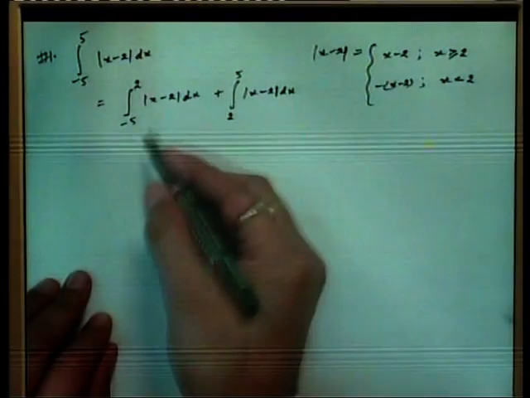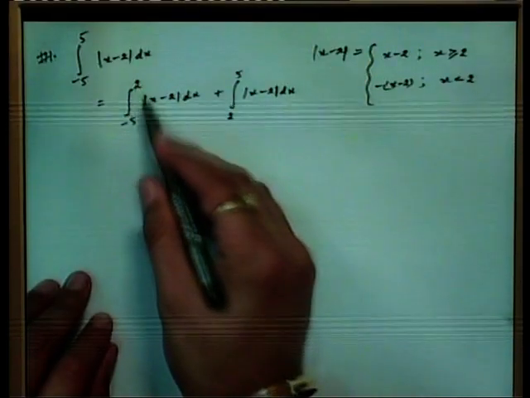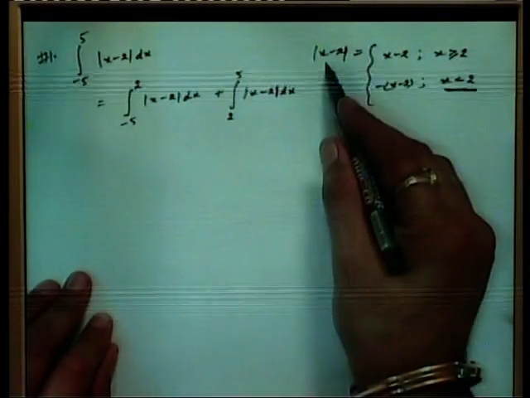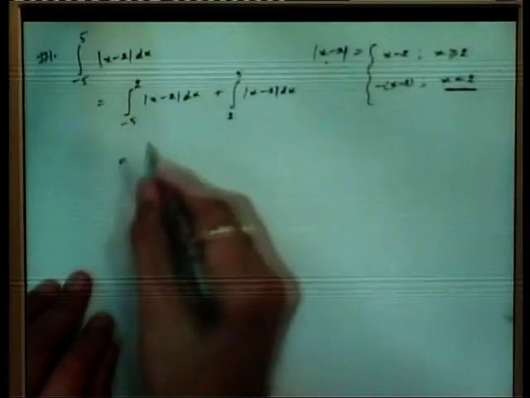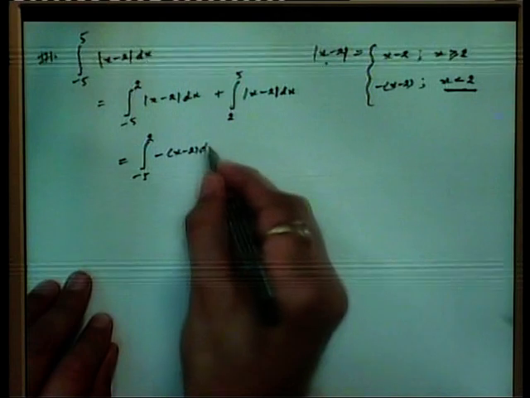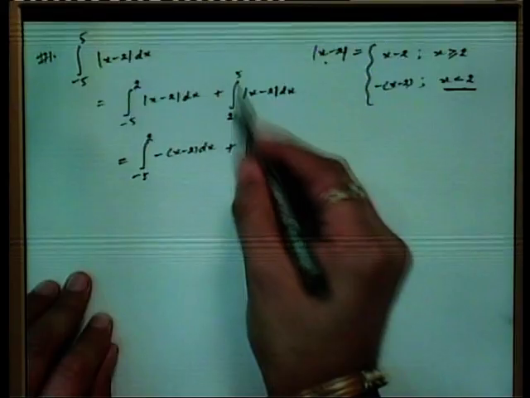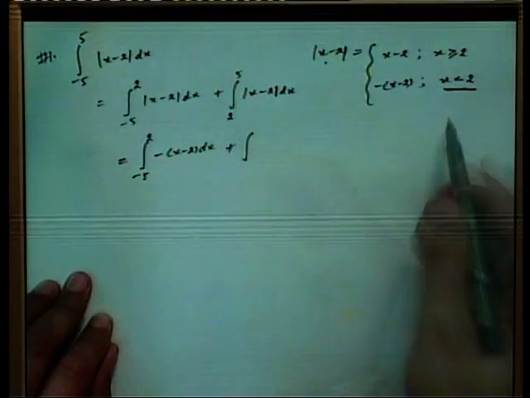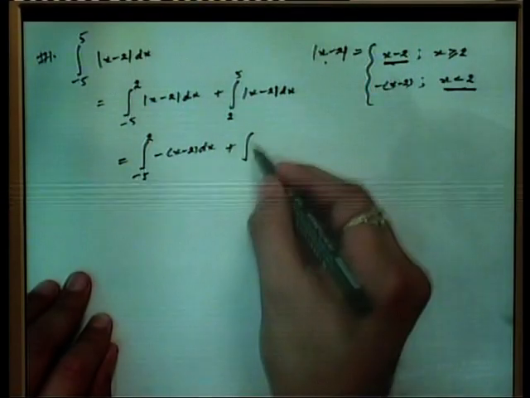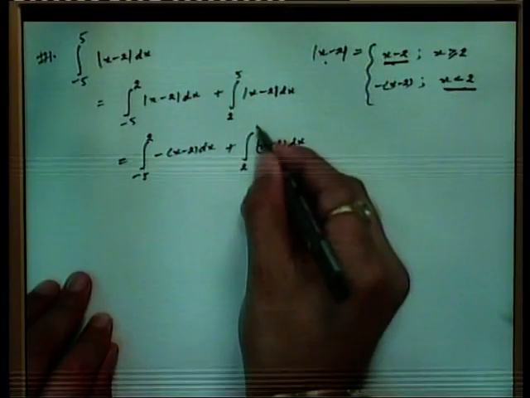In the first integral, x lies between minus 5 and 2, so x is less than 2, and mod x minus 2 is minus (x minus 2) dx. In the second integral, x lies between 2 and 5, so x is greater than 2 but less than 5, and the value of mod x minus 2 is x minus 2 dx, from 2 to 5.